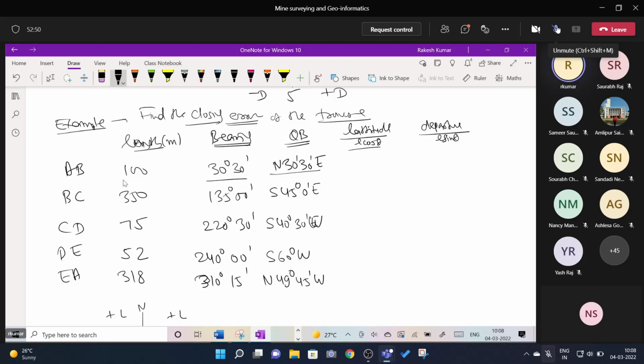L is given to you. Give me the first latitude. 86.16. Always mention the sign. 86.16.